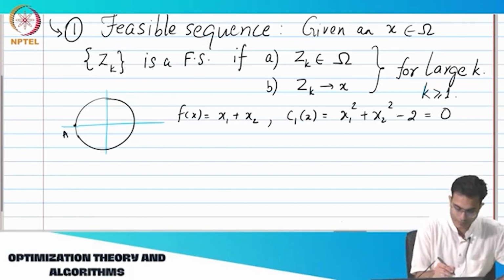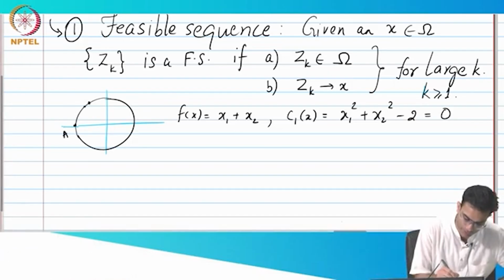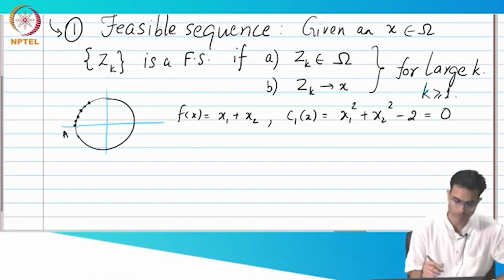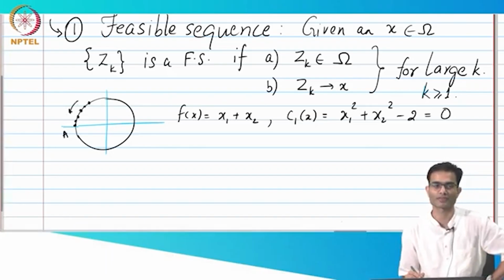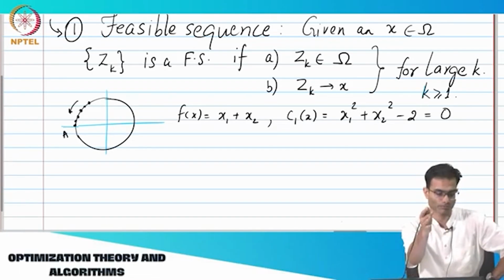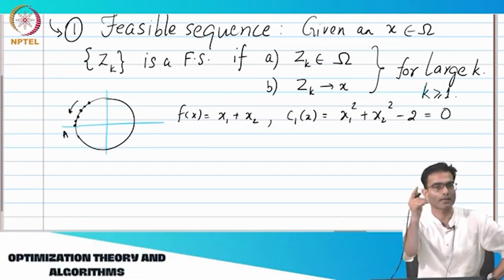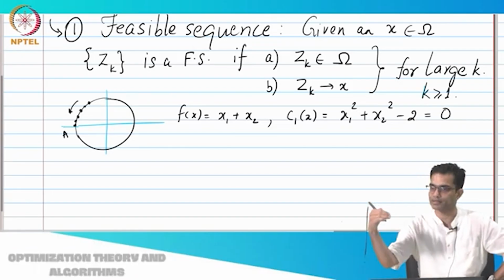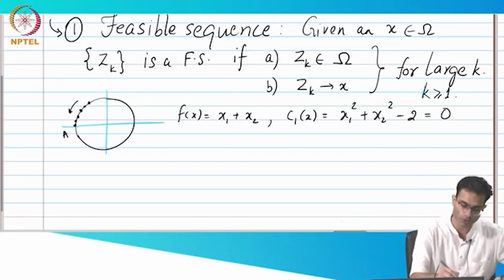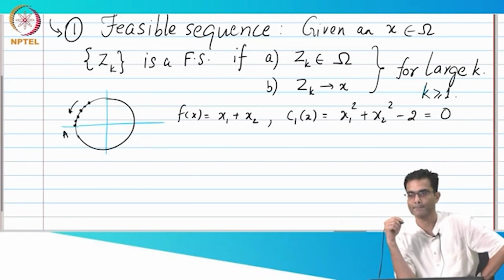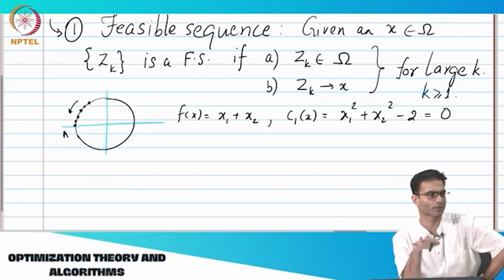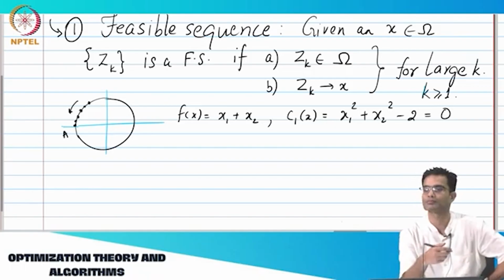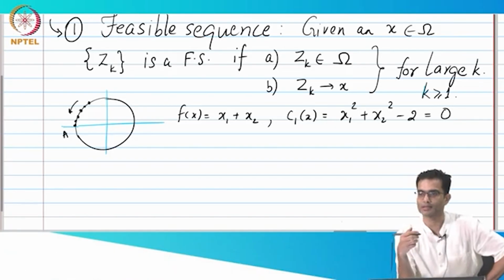Suppose I think of points like this. This is one sequence. I start from somewhere on the top of the circle, and as the sequence index k increases, z_k tends towards my point A. So even without defining it geometrically, it makes sense: a feasible sequence lives on the feasible set and approaches the point A as I increase my index.